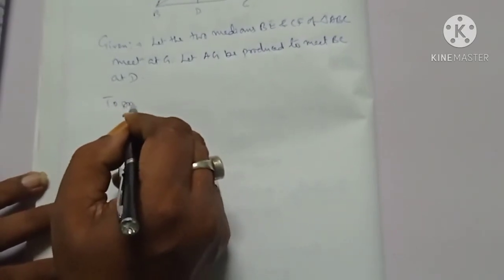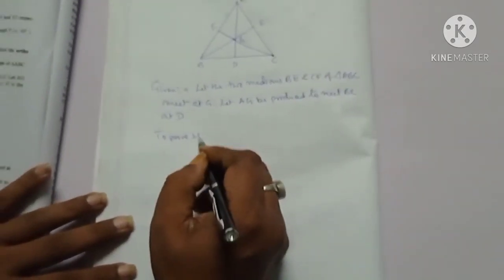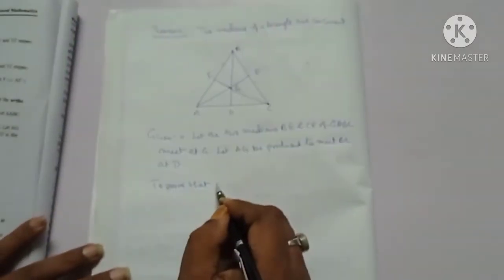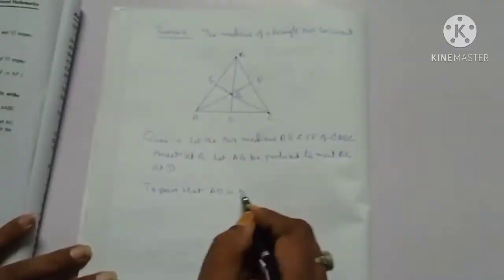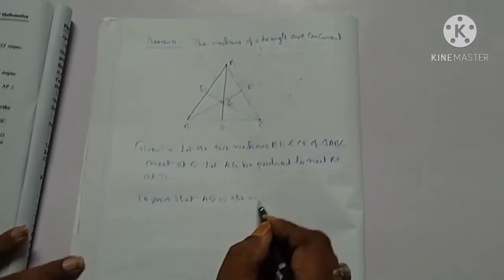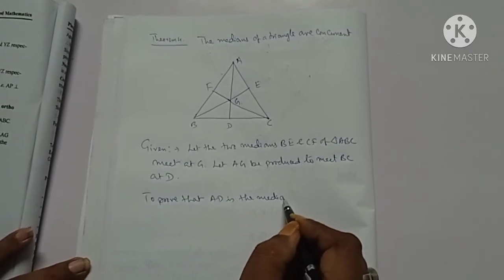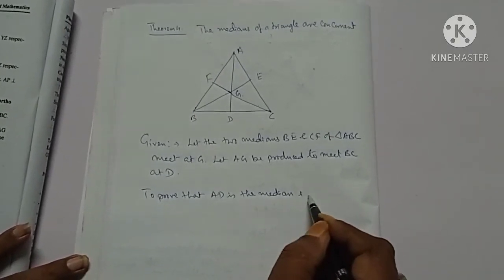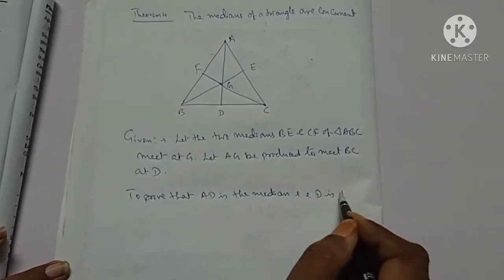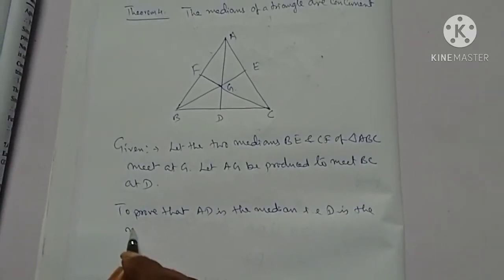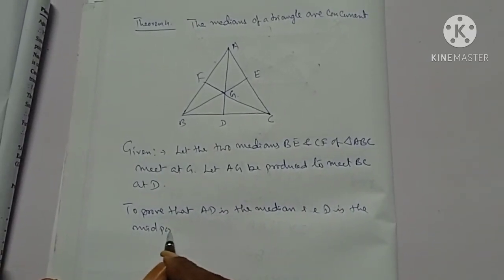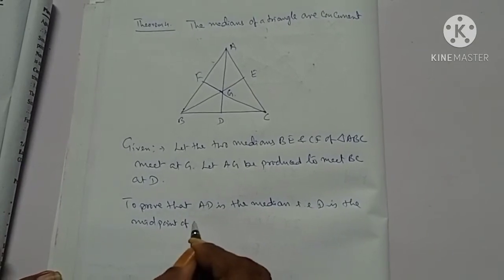To prove that AD is the median, that is, D is the midpoint of BC.